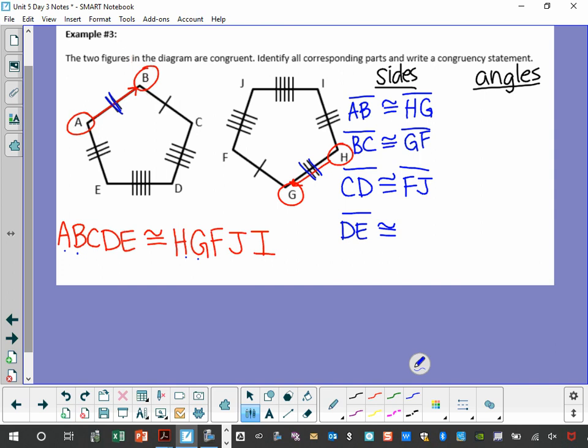So JF. Oh, JI. Sorry. Yes, JI. Or you can look here and see that DE are the last 2 letters. JI is the last 2 letters. Okay. So we're missing AE. Someone tell me, what is AE congruent to?